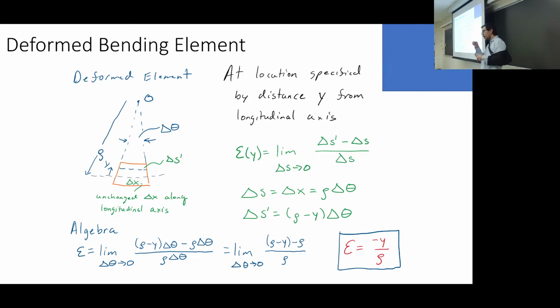If I put my wire along this neutral axis, I can have a flexible structure, but my wire doesn't stretch. And so now I can make flexible wires, I can make things I can bend, but I'm not going to destroy my conductors. So it's a clever idea.